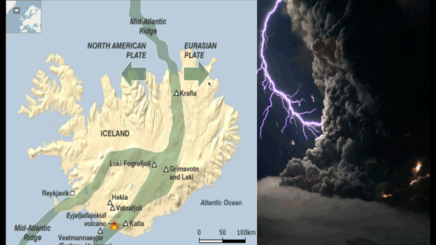So we can see on this diagram all along this split, this plate boundary, known as a divergent plate boundary, where they're being pulled apart, these volcanoes popping up. And the one we're interested in today is known as E15 or Eyjafjallajökull. This is the one whose most recent famous eruption happened in 2010, and we're going to be learning a little bit more about it.